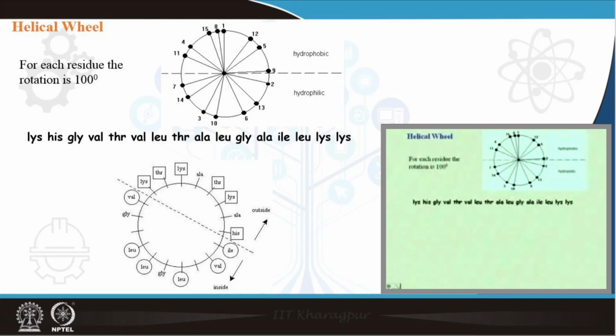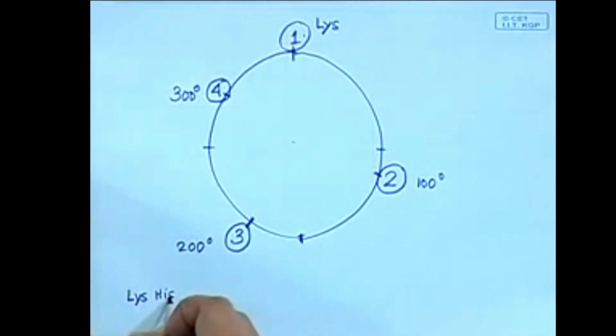Now if I want to construct a helical wheel for this, let's construct it. So for 1, I have lysine. You copy down the sequence that we have here. It's lysine, histidine, glycine, valine, threonine, valine, leucine, then threonine, alanine.